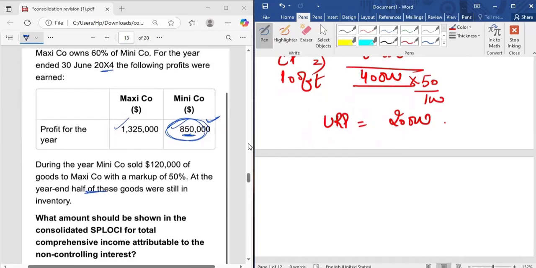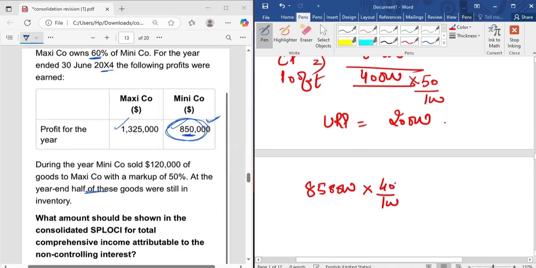We have to calculate it for NCI. So take Mini company's profit 8,50,000, multiplied by the NCI portion. Maxi owns 60%, so the remaining is 40%. 100 minus 60 is 40%. That relates to Mini company's NCI, 40%.